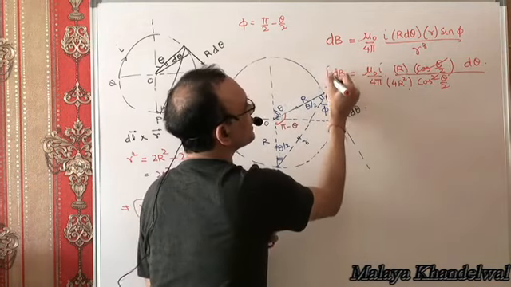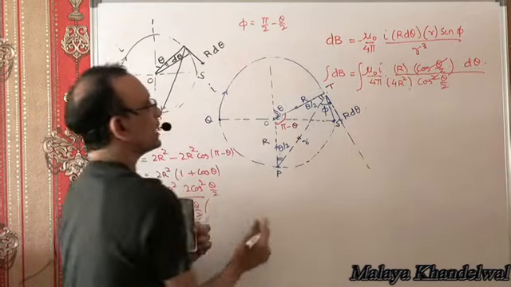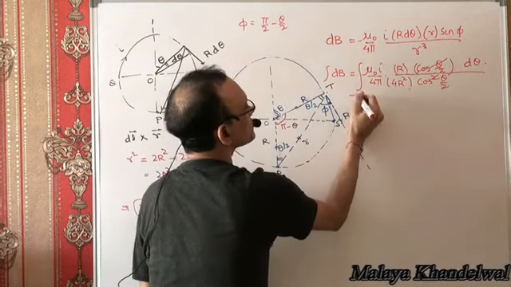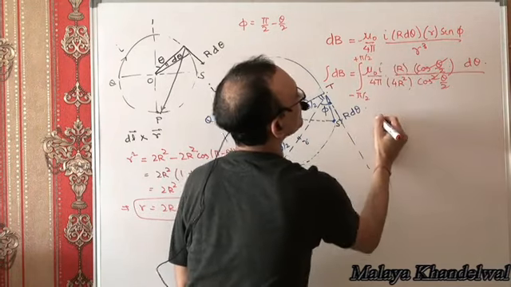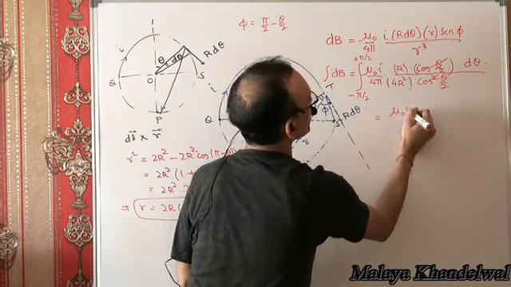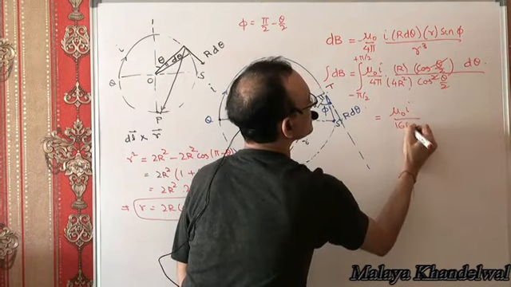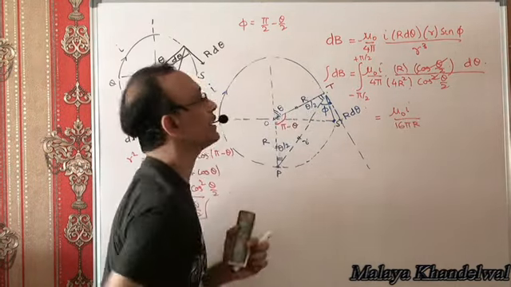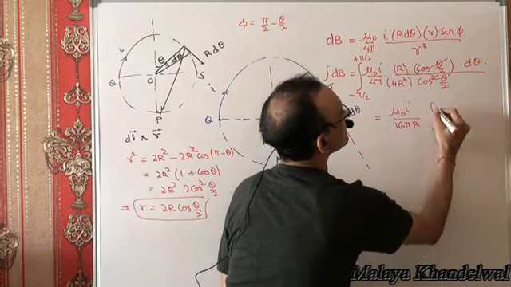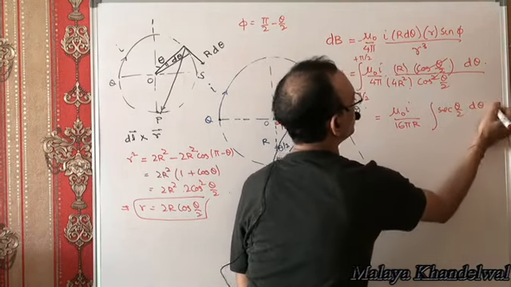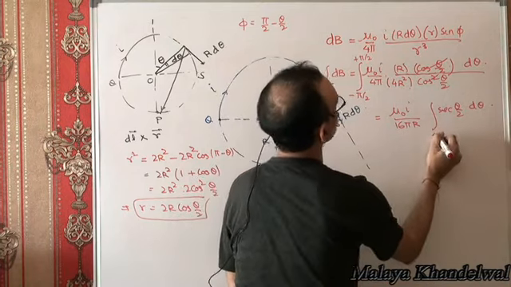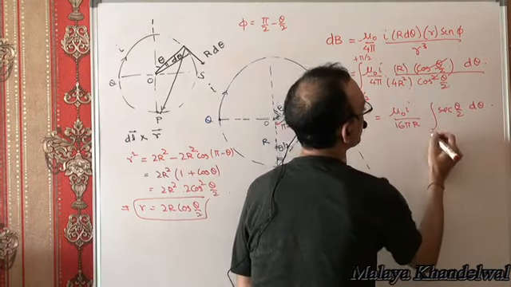The total magnetic field will be the sum of all of this, where θ varies from minus π by 2 to plus π by 2. That's the net magnetic field, which is like μ₀ I divided by 16π R, and then this is integral sec θ by 2 dθ, minus π by 2 to π by 2.